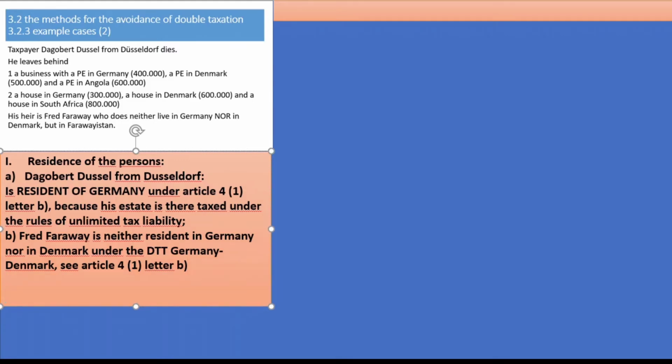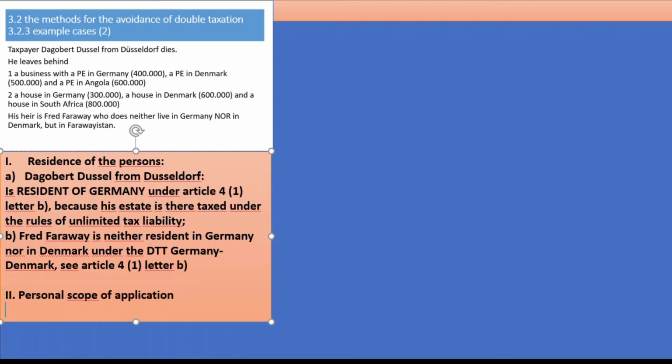Good. Now, the personal scope of application does become relevant, because we have here indeed a case where not everything happens within the two states. So the question is, did the two states agree on the application of the treaty or not? That was Article 2.4 of the DTT.